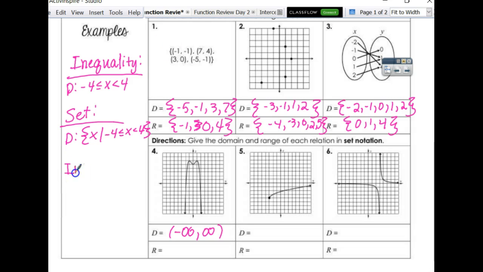And we can do interval notation. So if it has a line under it or it's closed, it gets a bracket. If it doesn't have a line under it, it's open and it gets a circle.